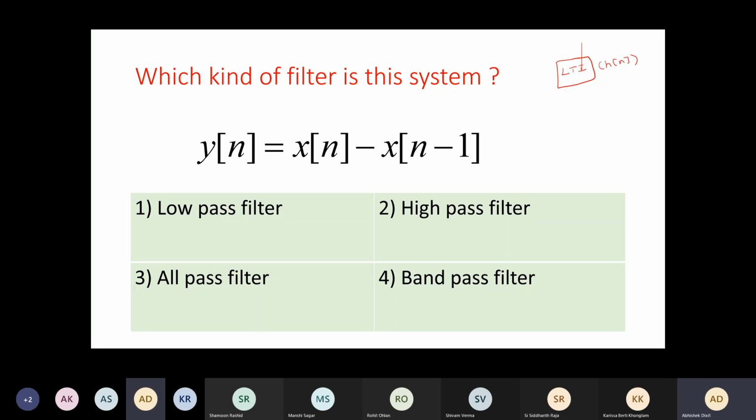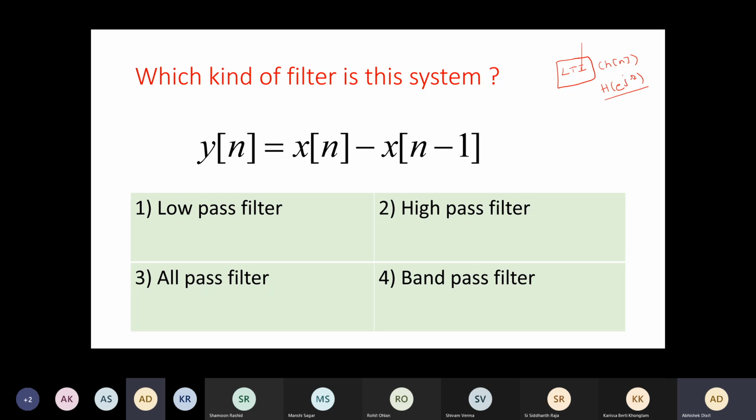That means if you specify its impulse response, then you tell everything about the system. So once you know the impulse response, frequency response is also known, right? From h of n, you can calculate, in case of discrete time, H e^j omega. In case of continuous time also, you can find its frequency response once its impulse response is known.